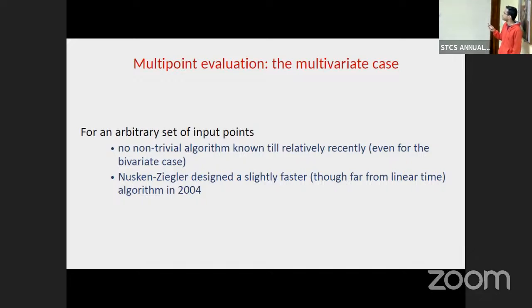It does better than the naive algorithm we discussed, but it doesn't get you linear time. And this algorithm is based on fast rectangular matrix multiplication. For the bivariate case, the running time is far from quadratic, but if you increase the number of variables, it tends towards quadratic time.